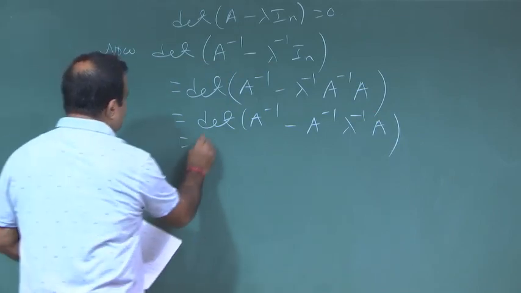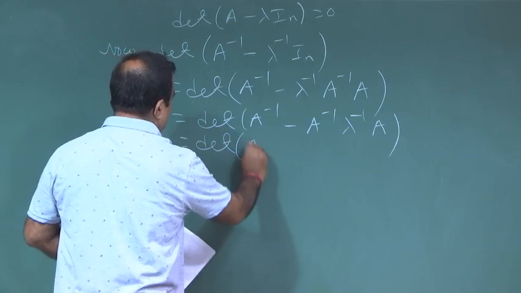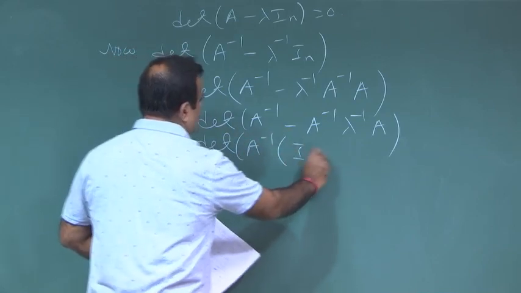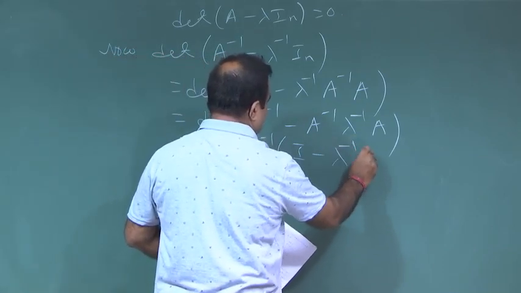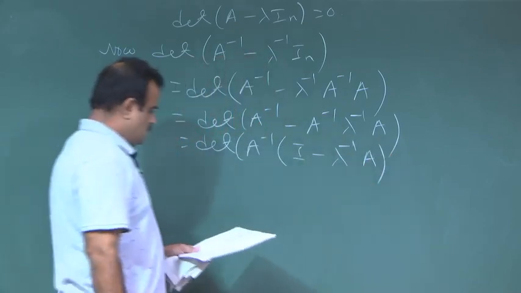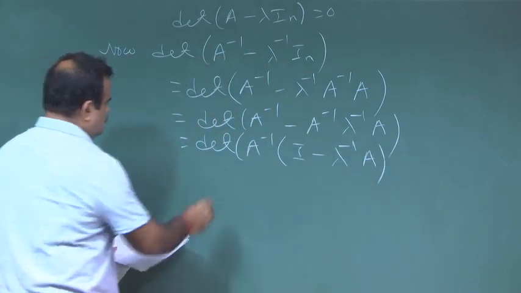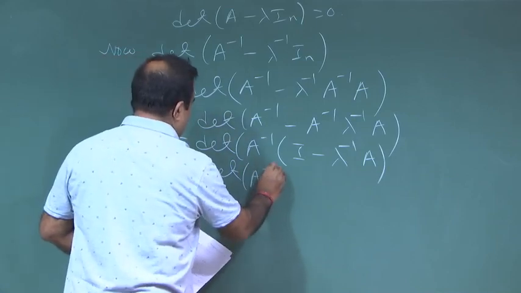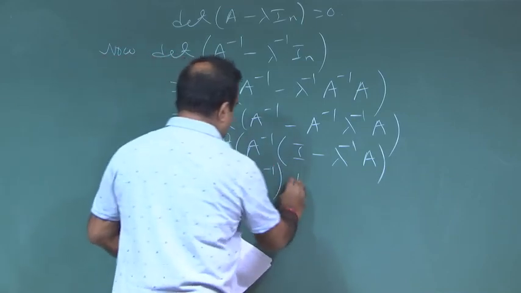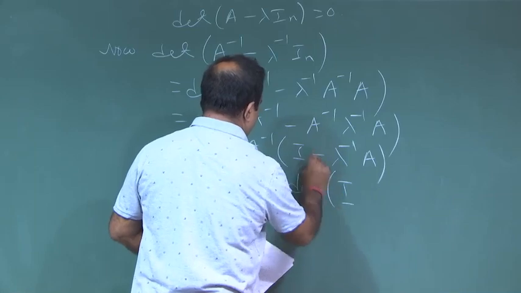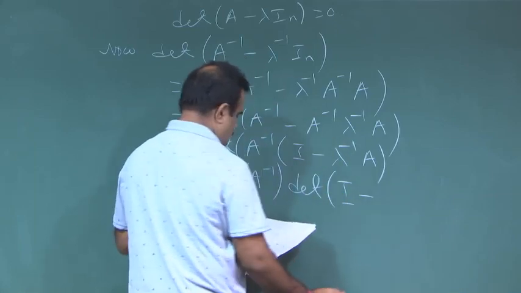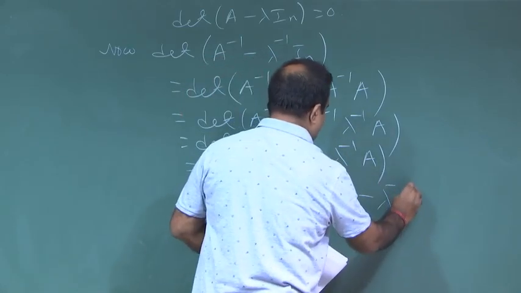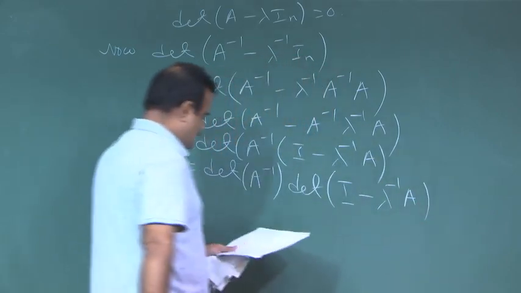Now, we take A inverse common from this, I minus lambda inverse A. So, this is nothing but det of A inverse times det of identity matrix I minus lambda inverse A.